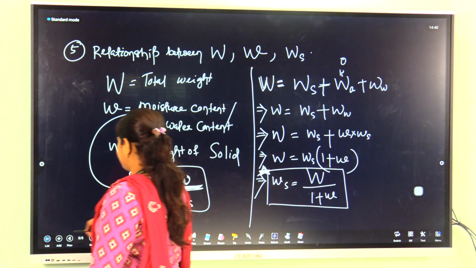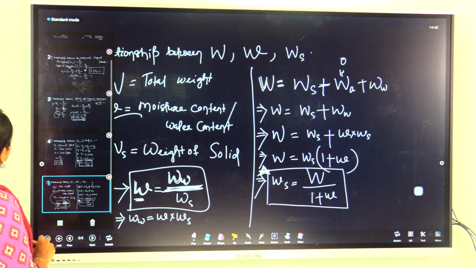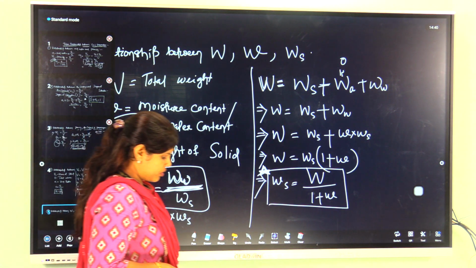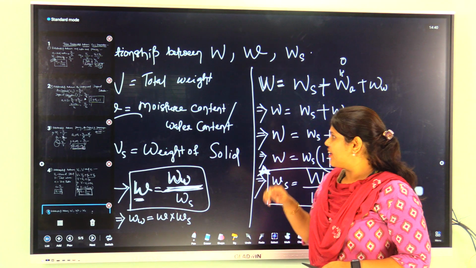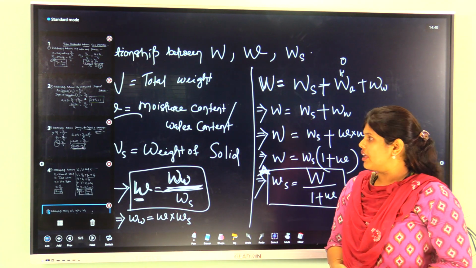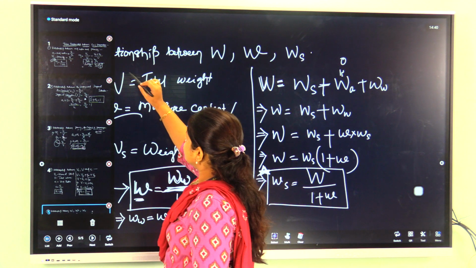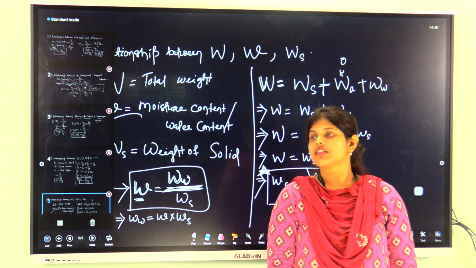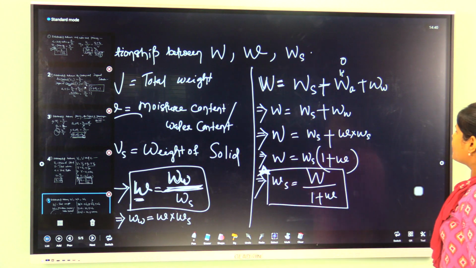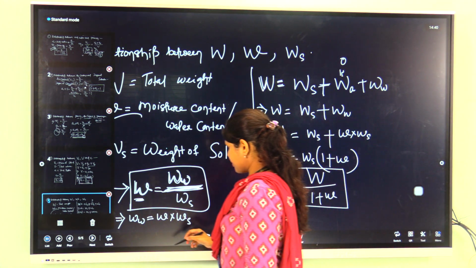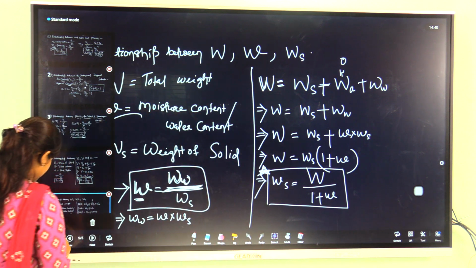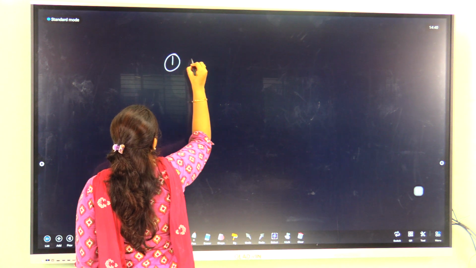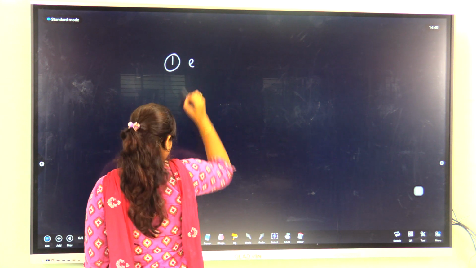What we have studied yet: first relationship, about what? E and eta, void ratio and porosity. We got the formula. Next, relationship between air content and degree of saturation. Okay. In the last page you need to write all the relations here. First we got what?